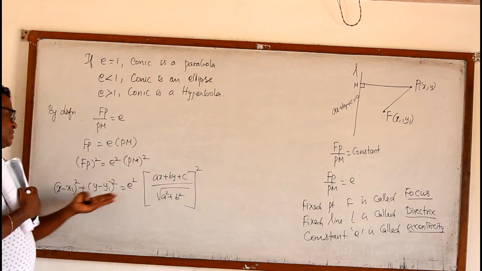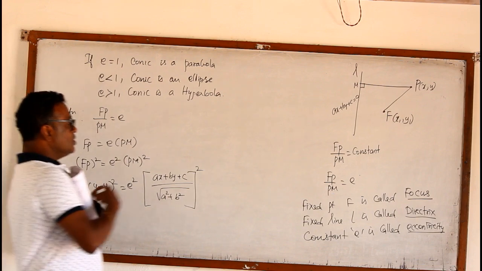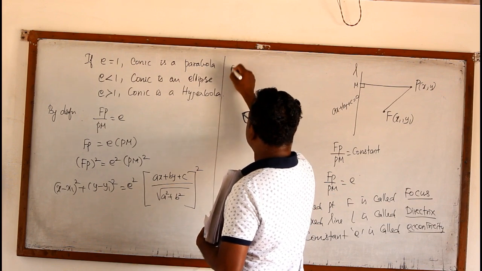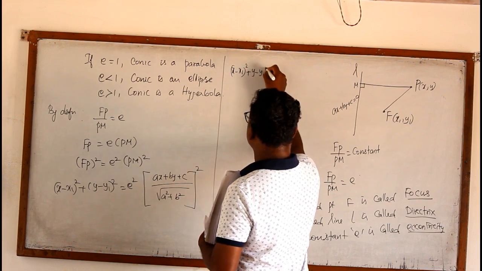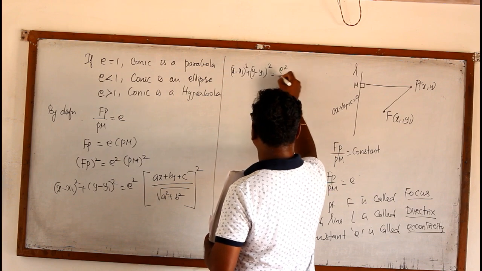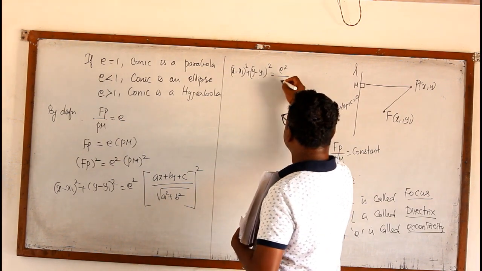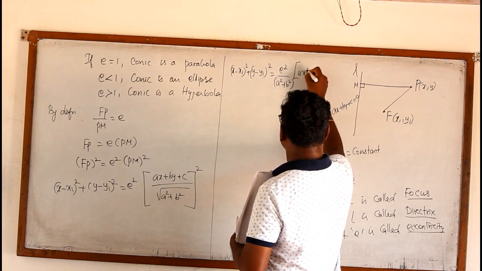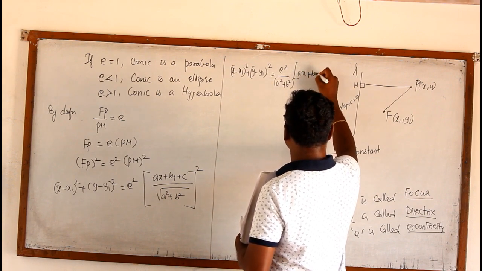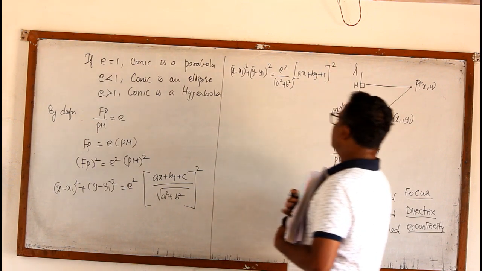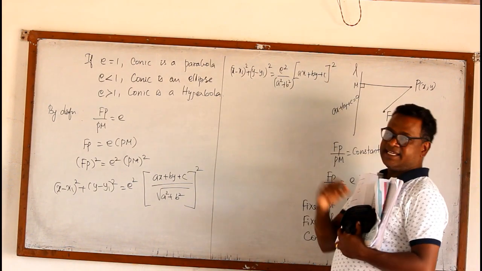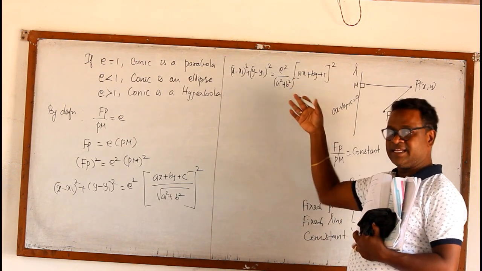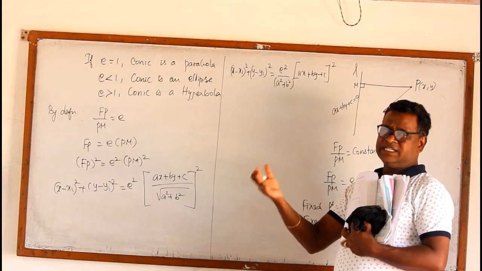So this is one expansion and this is another expansion. Let me write it as (x minus x1) the whole square plus (y minus y1) the whole square equals E square by (a square plus b square) into (ax plus by plus c) the whole square. When we expand, I will get a second degree equation in x and y, isn't it? I will get an x square term, y square term, xy term, x term, y term and the constant term.